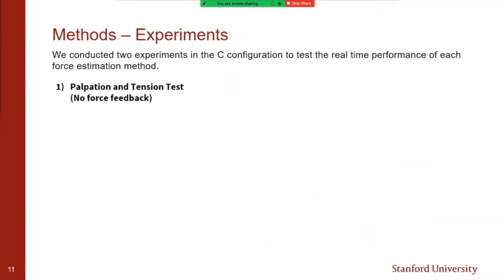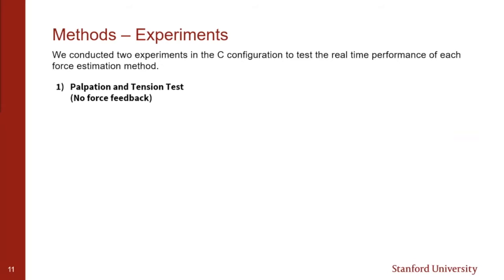For the first experiment, in which we quantify the real-time impedance transparency of the networks without the human in the loop, we chose to do a palpation and tension or retraction task in the vertical direction, as we felt this was an intuitive and commonly used maneuver to discriminate tissue stiffness with an interpretable result, namely a force-displacement curve that could be constructed.